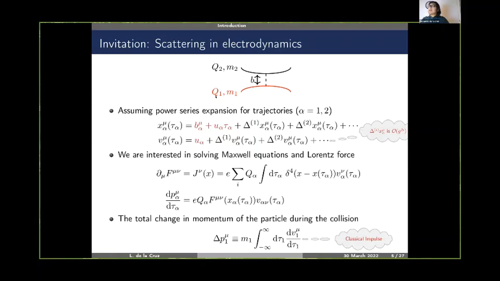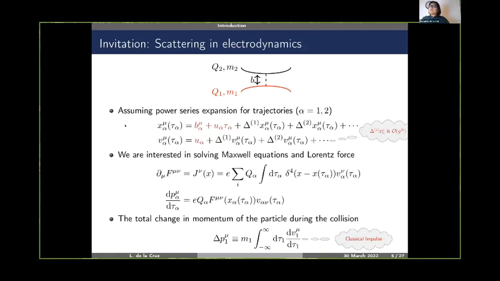I have one particle which carries some electric charge, which I call Q1, and some mass, M1, and there's another particle that carries another charge and a different mass. Now I'm interested in describing this phenomenon of scattering. I am also assuming that there is some separation between these particles, which classically is different from zero.